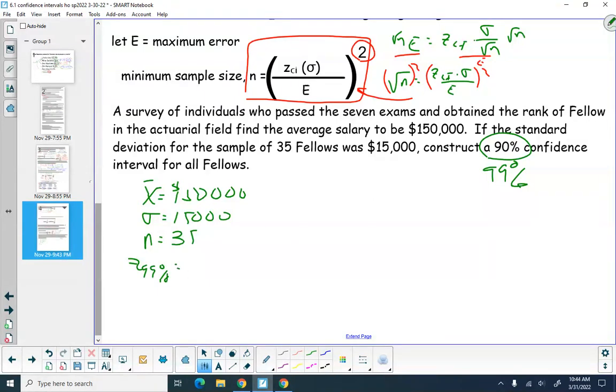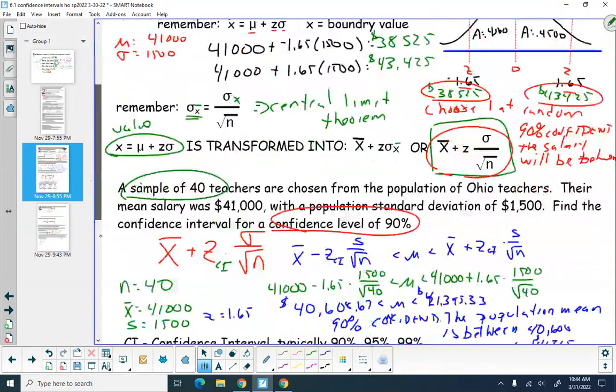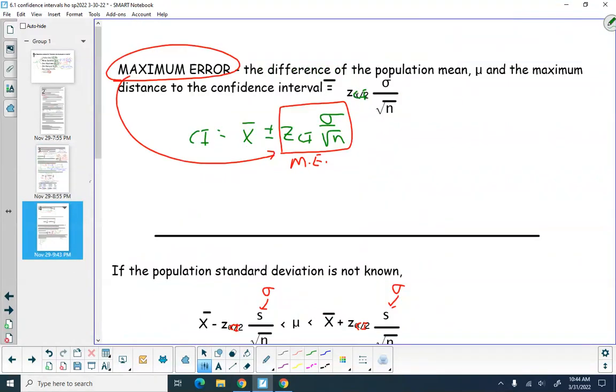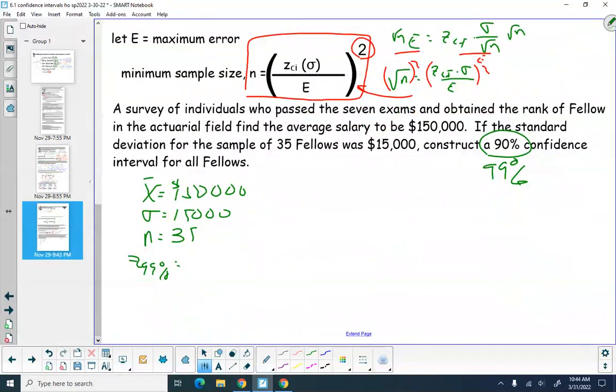So we have to look at Z for 99%. We look at the previous page, Z for 90%, 99%: 2.58. So we want to find what range the population mean falls in between.